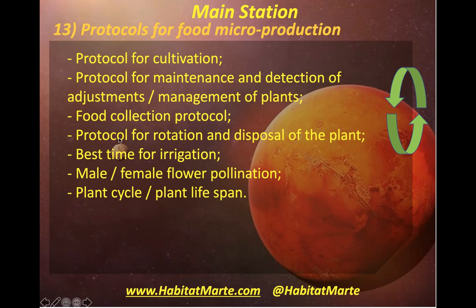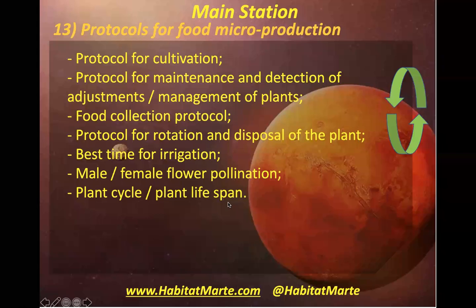The fourth is a protocol for rotation and disposal of the discarded plant, because some plants have a 6 month cycle, and sometimes it's necessary to cut the plants and add a new plant in the grow bed. Okay, and then it's necessary to identify the best time for irrigation or some automation processes for irrigation of the plant. Sometimes male and female flower pollination, and also reflect about the plant cycles and plant lifespan.